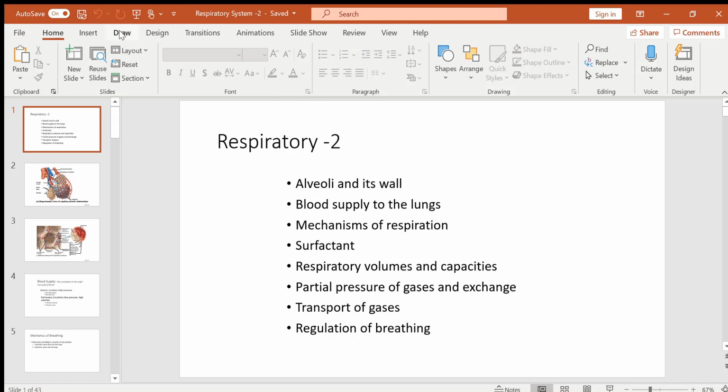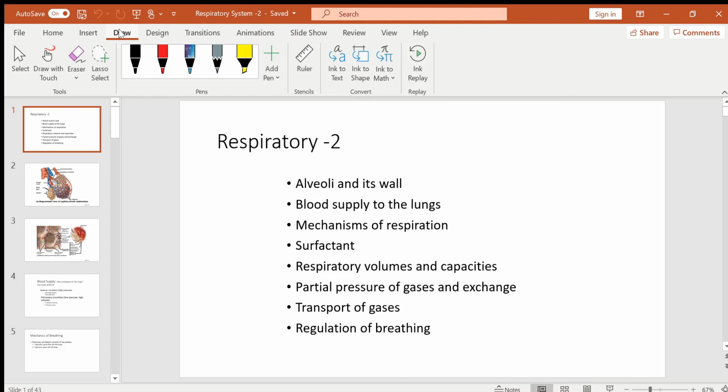Hello everybody, we'll talk about the last part of the respiratory system, and in this part first we'll talk about the alveoli and its wall, and then we'll talk about the blood supply to the lungs.